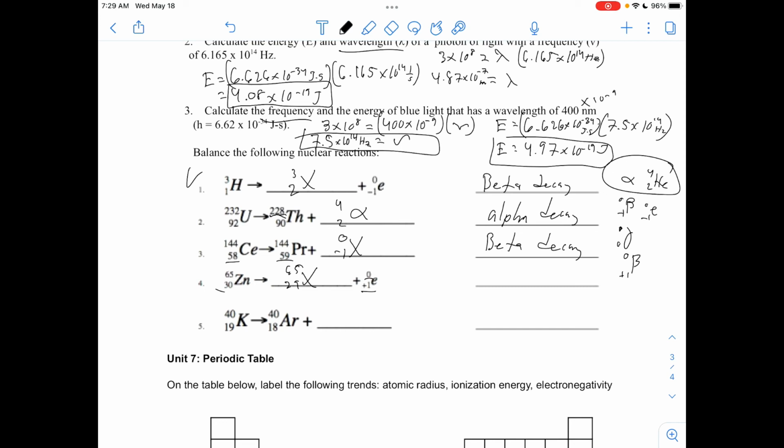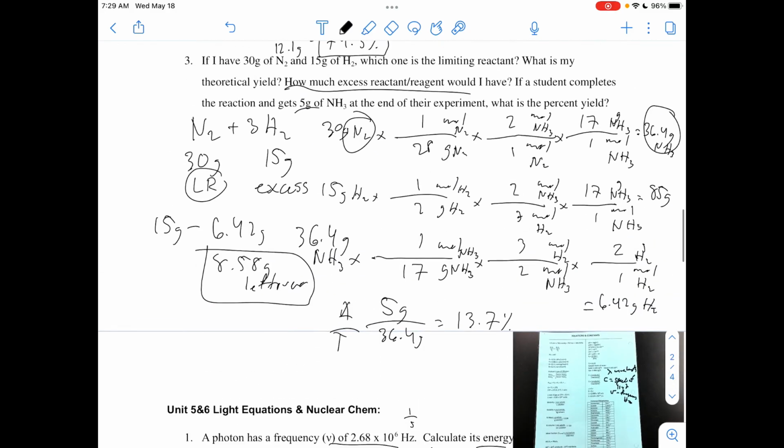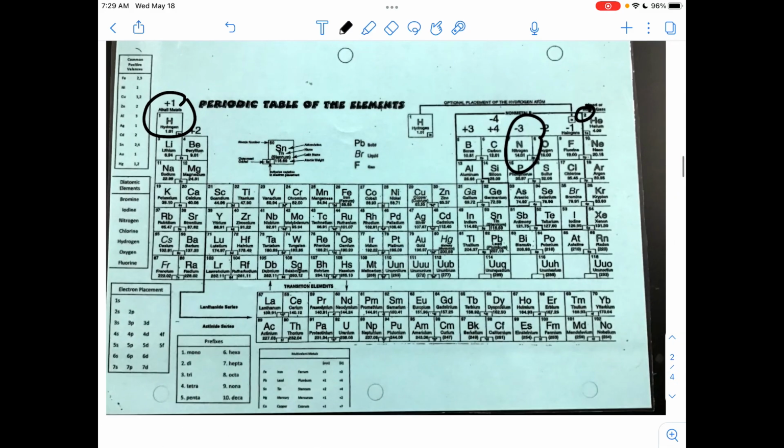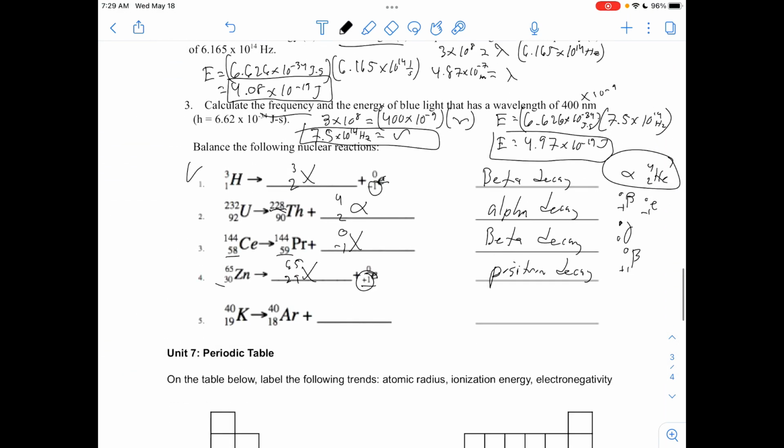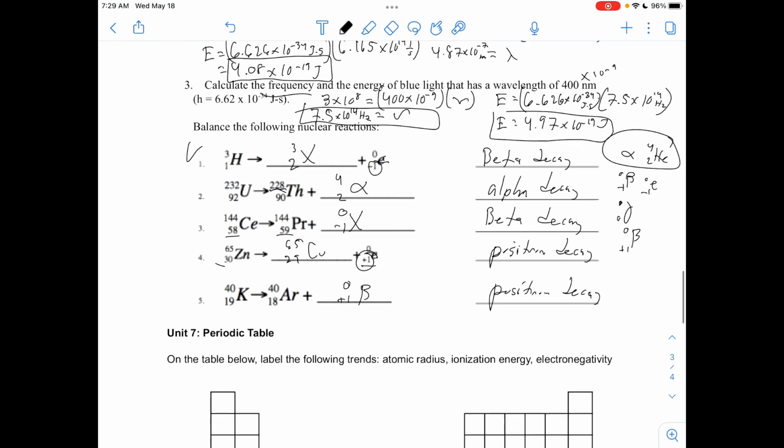So again, this is a positron decay, because positive is positron, negative is an electron. And then 65, 29, 29 would be copper. So this is actually copper. Okay, last one. The top number is 0, the bottom number is a +1, so this is also positron decay.